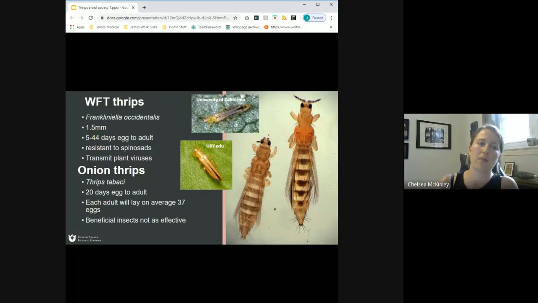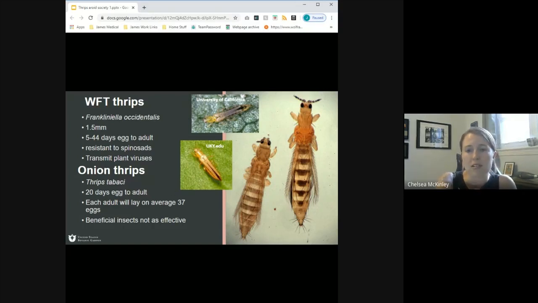There are certain populations of Western flower thrips that have developed a resistance to spinosad because of overuse, especially in the nursery trade. Growers spraying spinosad over and over again, they develop resistance. Spinosad still works on other types of thrips because other thrips might not be as common in certain areas where spinosad has been used.